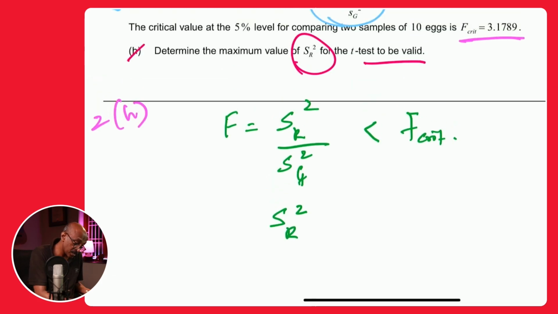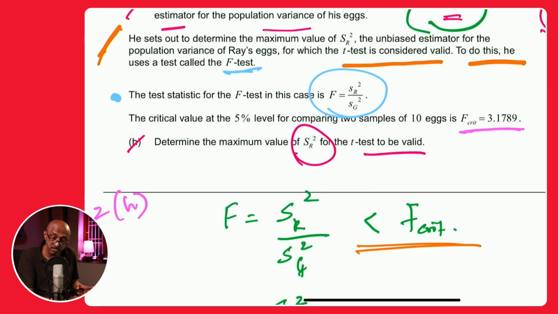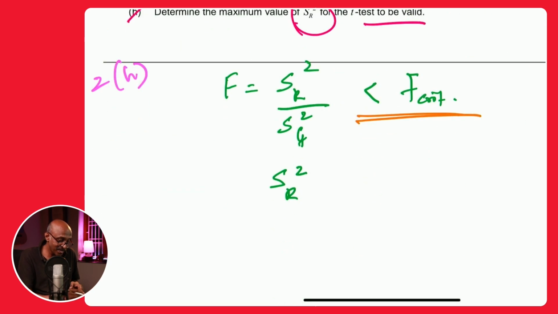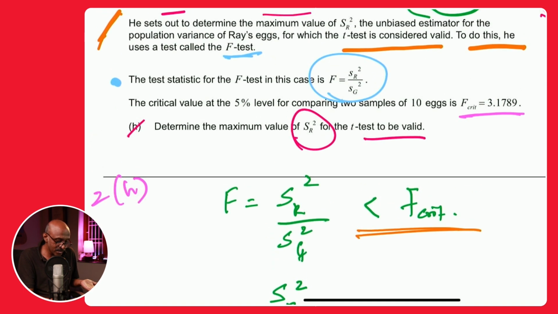So SR square is what we want to find out. This is the condition for validity, which is why I wrote this. Only then will it be valid, because if it is more than the critical value, even if it's equal to it, then you're saying that the variances are not equal. And if the variances are not equal, then the t-test which they want to use is not going to be valid.